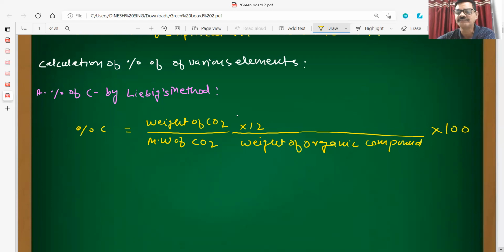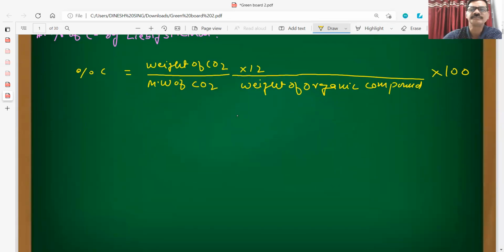This will give the percentage, because the number of moles of carbon dioxide will be equals to the number of moles of carbon. So the weight we have determined with the help of KOH solution, and by dividing this weight by molecular weight of CO2, we will get moles of carbon dioxide, and same will be the moles of carbon.